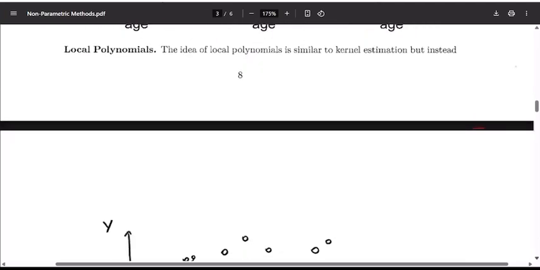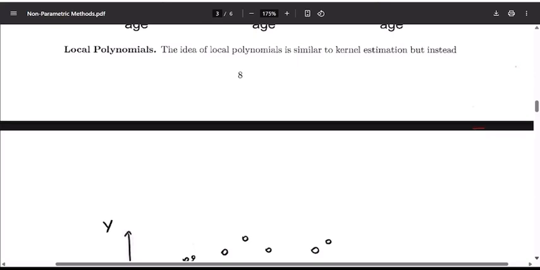What I'm going to start from on Friday is local polynomials. Let me tell you this: local polynomials is a non-parametric alternative to piecewise regression in the parametric setting.